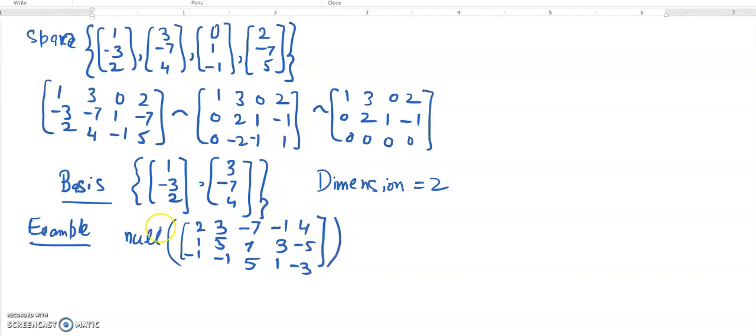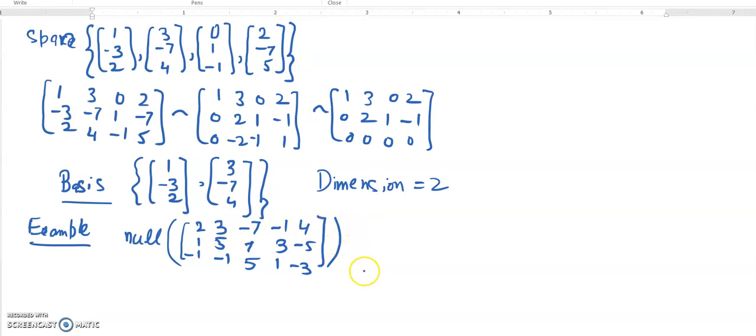So we have been given the null space of this matrix. By the null space of this matrix, we mean the set of solutions of the homogeneous equations. That means we assume that the matrix represented here is the coefficient part of a system of homogeneous equations, each equal to 0.